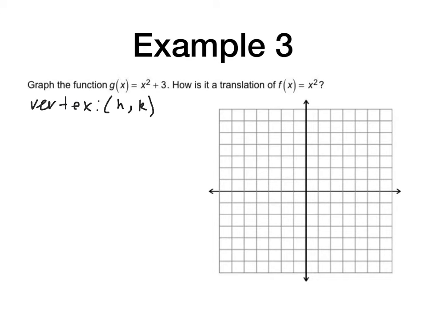Remember, our h is inside the parentheses. Do we have any parentheses here? No. So our h is going to be 0. What's our k going to be? 3. Perfect. So our vertex is going to be at 0, comma 3. So we're going to go up 3 on the graph.